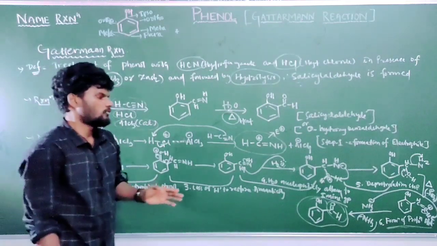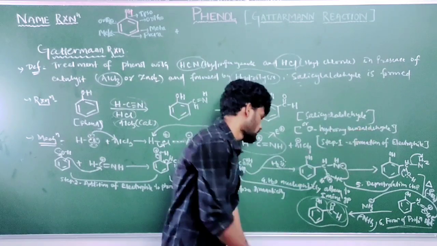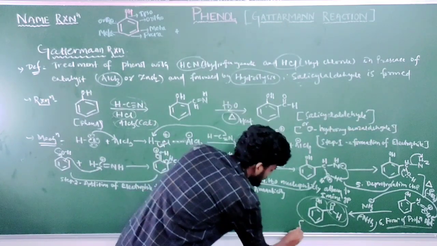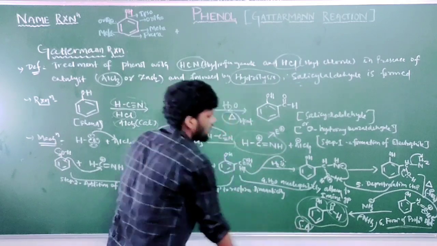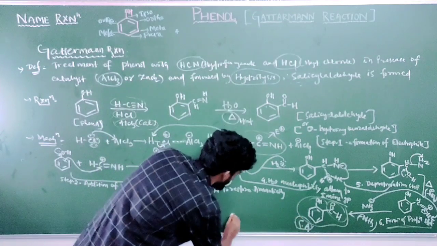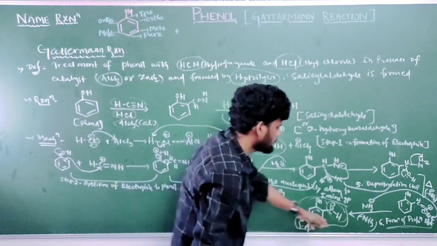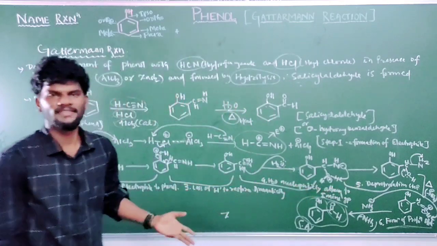You can also name it as ortho-hydroxybenzaldehyde. So this is the product, salicylaldehyde, SA. I am writing it as SA. This step 7, the last step, is known as what? Loss of proton to form salicylaldehyde.